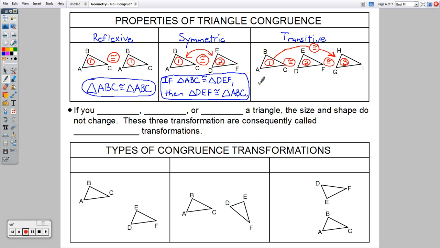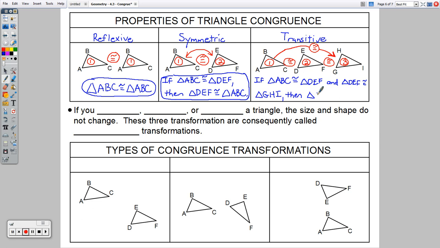So in a sentence format, you could say something like this. And again, write a little smaller on this one. Triangle ABC is congruent to triangle DEF, and triangle DEF is congruent to, have to skip down to the next line, it's congruent to triangle GHI.